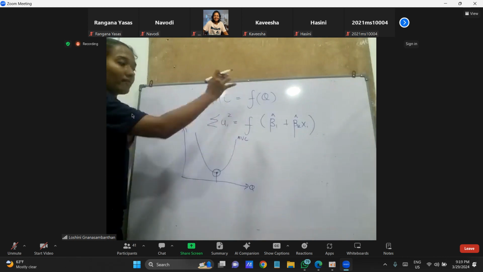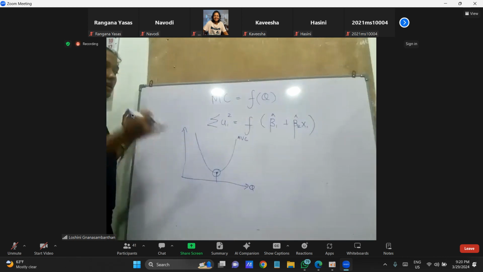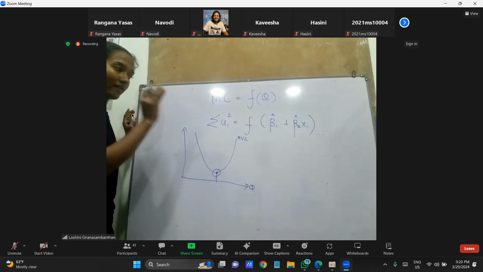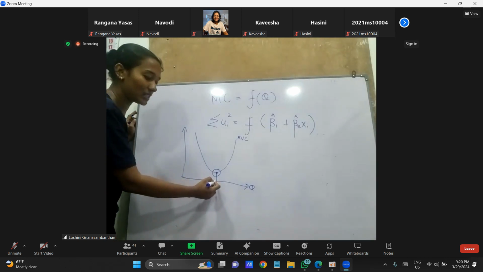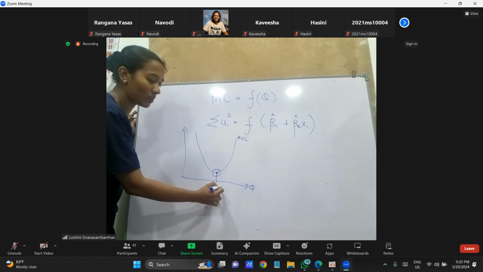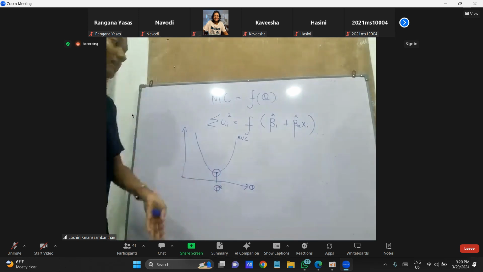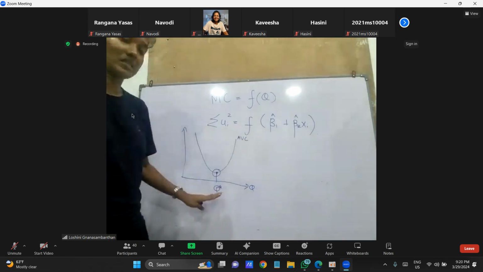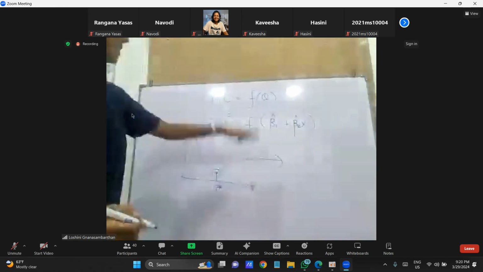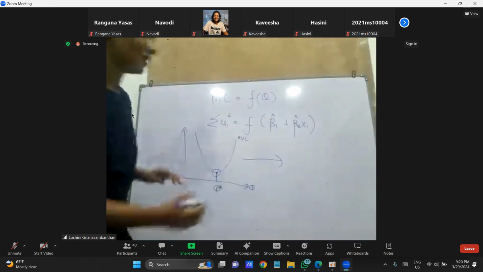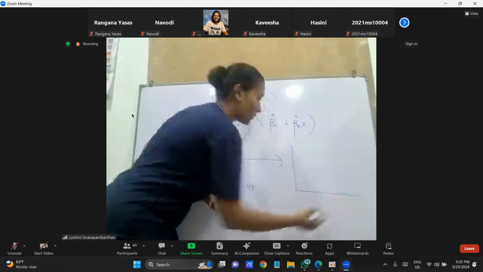The minimum variable cost is the optimal level where we should do the production. That is the optimal quantity that we should produce to attain the lowest level of AVC. So the same thing we are going to do, converting it to this equation.